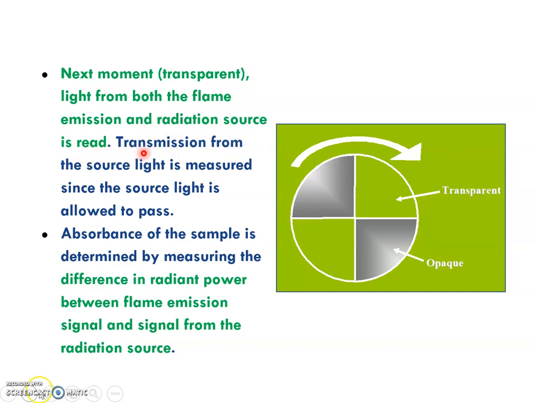So transmission from the source light is measured since the source light is allowed to pass. Absorbance of the sample is determined by measuring the difference in radiant power between the flame emission signal and the signal from the radiation source. These two slides might be confusing. It's better to just refer to the one with the graph earlier.